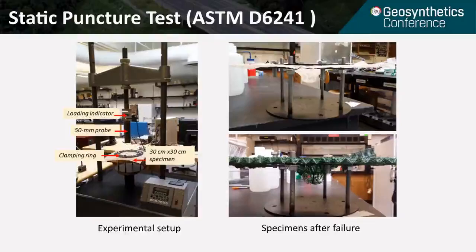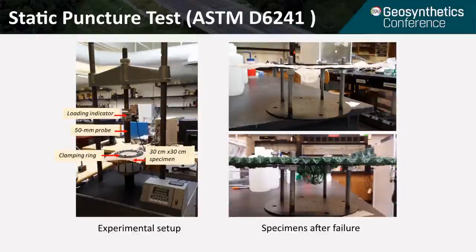In static puncture tests, TRM materials are prepared as 30 cm by 30 cm specimens. The test specimen was clamped without tension between the circular plates. The load was then applied on the center of the test specimen by a steel plunger attached to the load indicator.